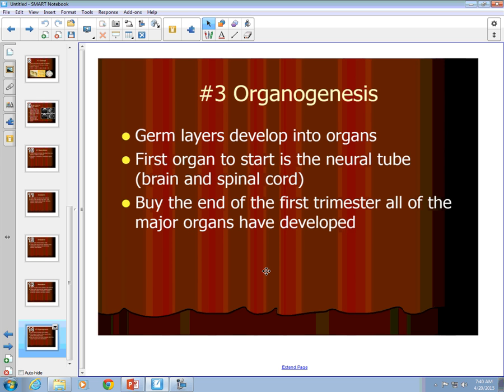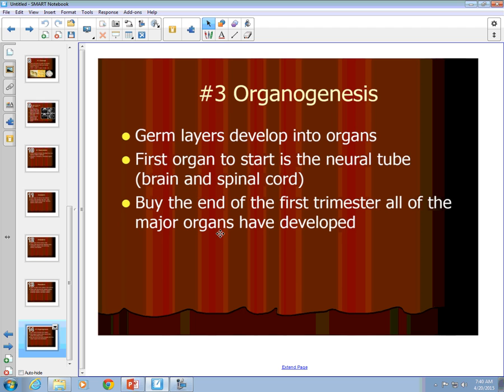So we're talking, this is starting anywhere from 3 to 4 weeks. There's very early development of organs. The first organ to develop is what's called the neural tube in the embryo, and that's a combination of what will become the brain and the spinal cord.